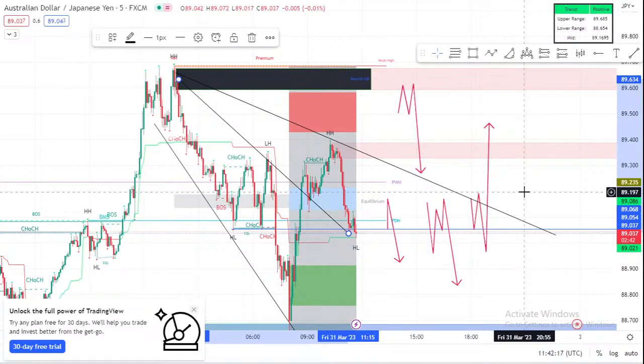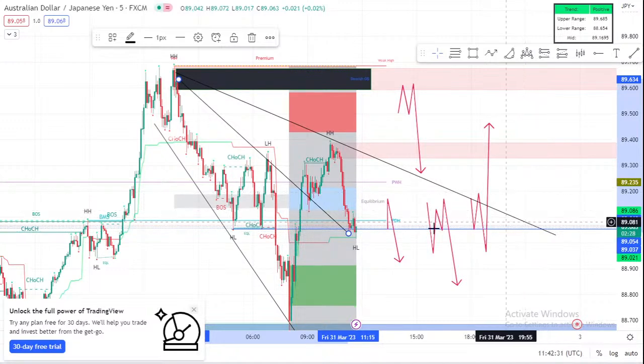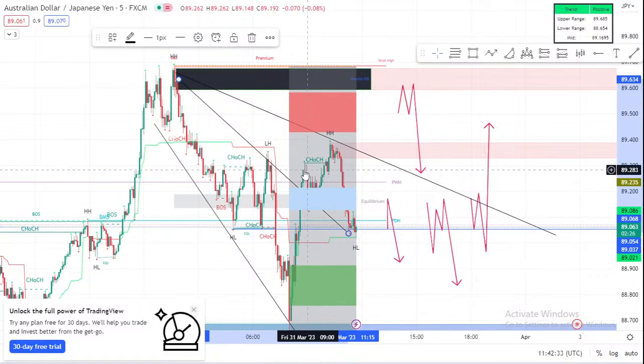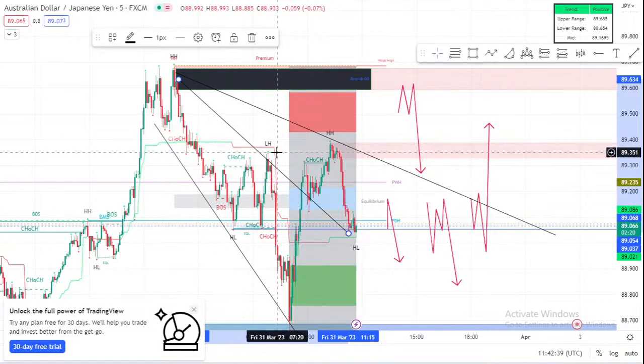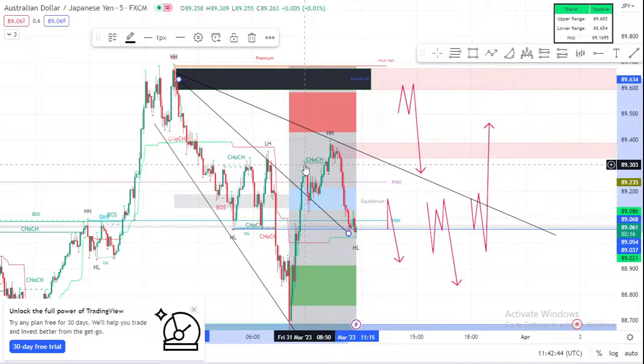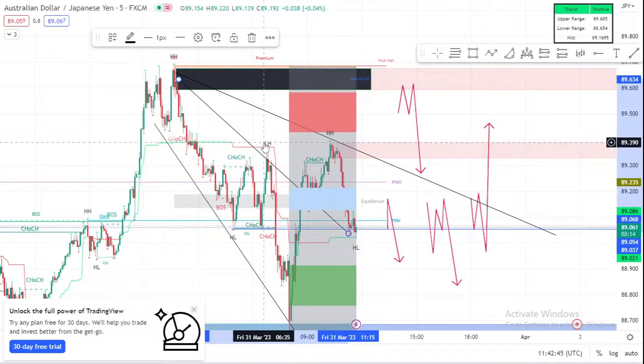Most of the time it represents the point where the market maybe was moving on an upward trend or even on a downward trend, but now there is a reversal. For instance, at this point we had a reversal, and this point over here was our lower low as compared to this one. This was a lower high, and this point was a lower high, lower than the previous lower high.